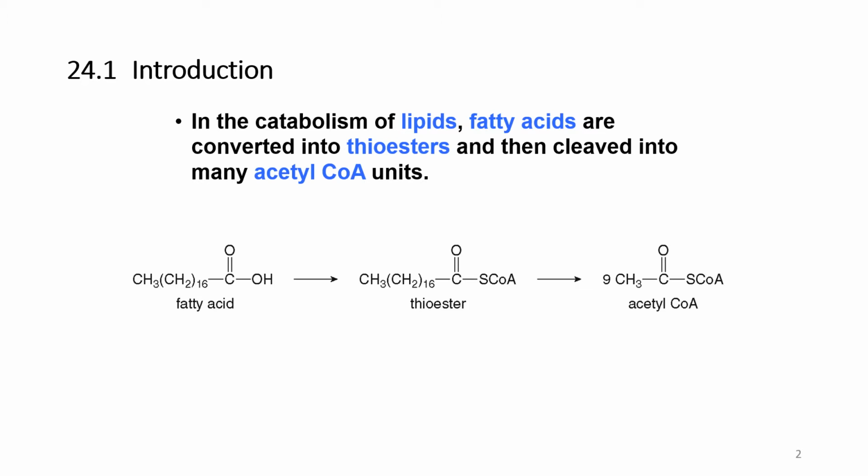So lipids are metabolized in a different way. Fatty acids are converted to thioesters. We've seen that thioester bond where acetyl or coenzyme A is linked to a fatty acid here, and it undergoes its own metabolic process in which it releases, depending upon the size of the fatty acid, a certain number of units of acetyl-CoA.